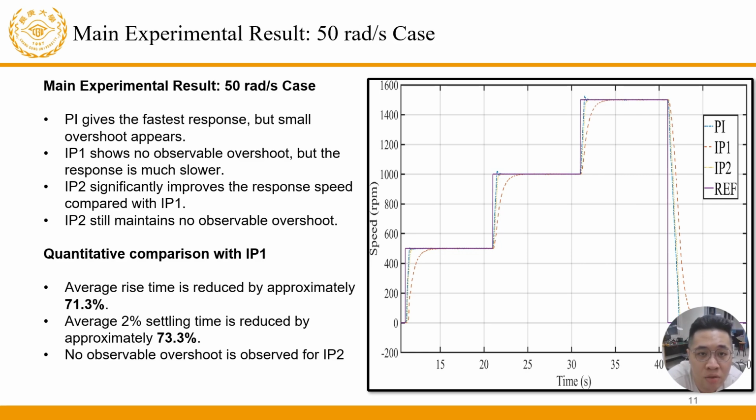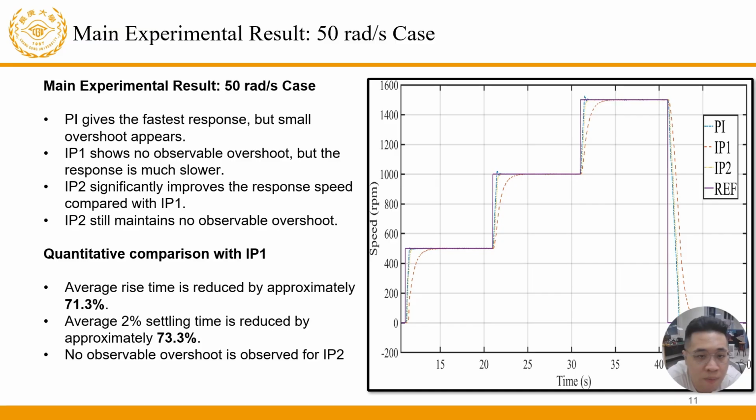The PI controller has the fastest response, but we can see a small overshoot. IP1 has no overshoot, but its response is clearly slower. After tuning, IP2 becomes much faster than IP1. At the same time, it still has no overshoot.